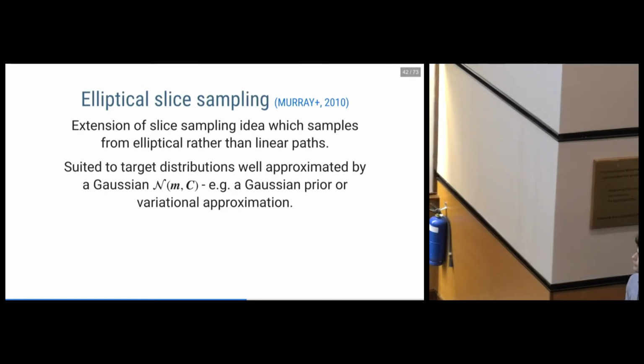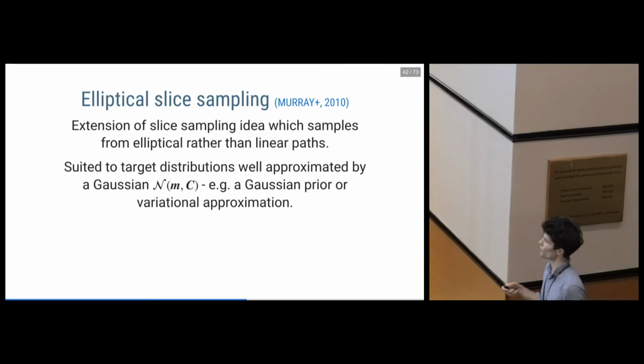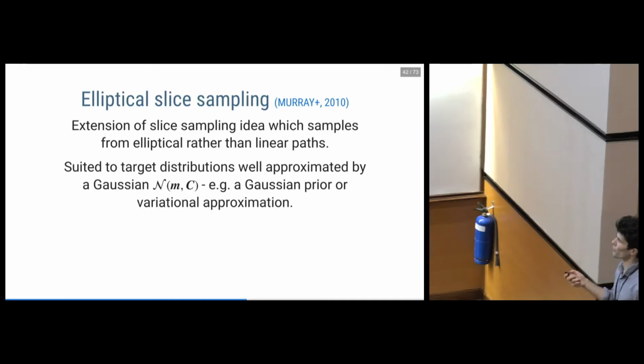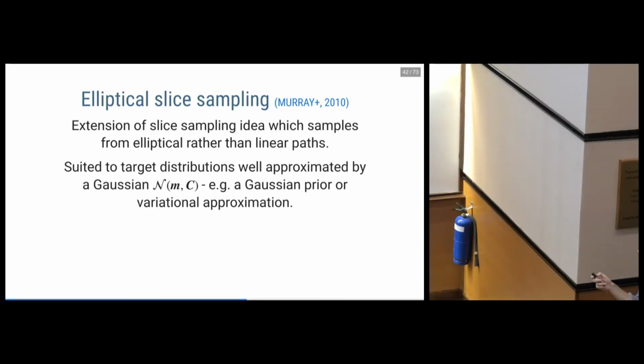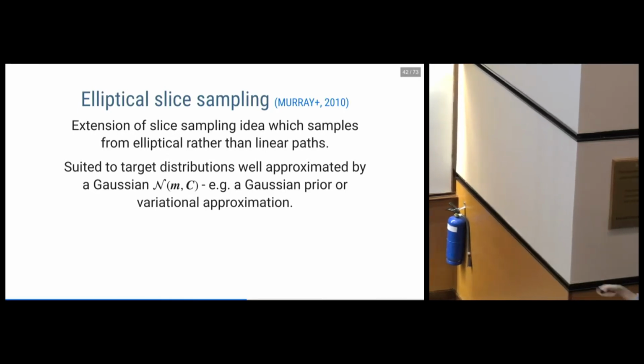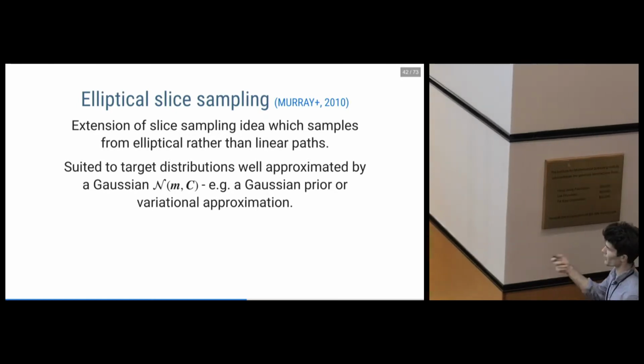And why an ellipse? Well, if our distribution was exactly Gaussian, then we can define ellipses through space such that if we were to uniformly sample any point on that ellipse, we would be exactly Gaussian after that transition, with some mean and covariance. So it would exactly leave that Gaussian distribution invariant.